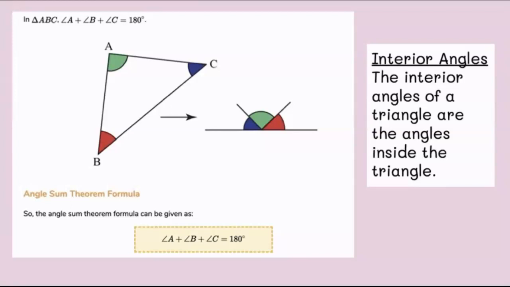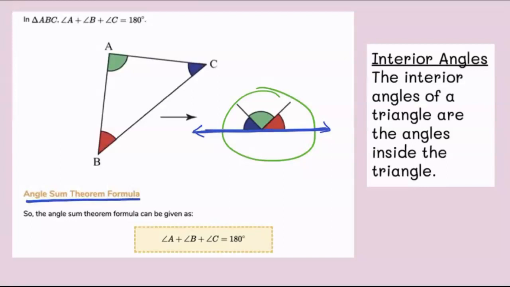And when you take those three angles and you put them together, such as what is right over here, you will see that they all line up on this straight line here, which is 180 degrees, because that's a straight angle. So we have a theorem, and that is called the triangle sum theorem or the interior angle theorem.